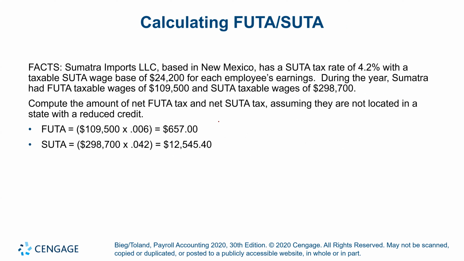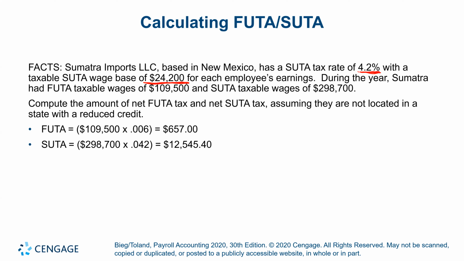All right, so here it shows us an example. It says, Sumatra Imports LLC, based in New Mexico, has a SUTA... Well, it's given us the information. I was going to say we could look it up on page 13 or page 14, but okay. Has a SUTA tax rate of 4.2% with a taxable SUTA wage base of $24,200 for each employee's earnings.